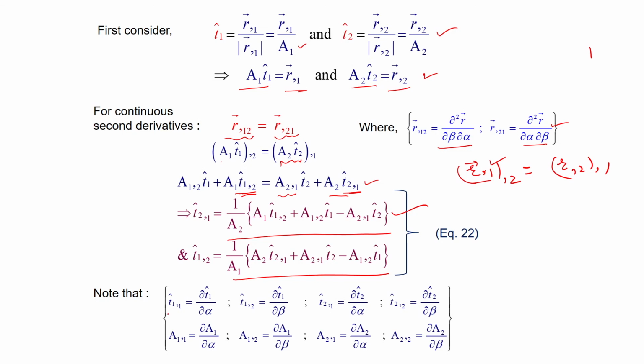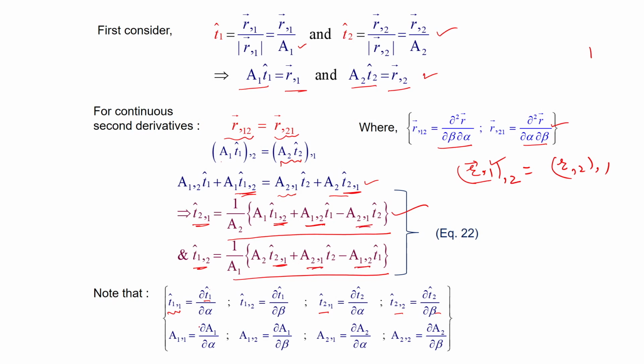We know that T comma 1 equals dT1 upon d alpha. Here we want to use comma 1 2 and 2 1, and 1 comma 2 as dT hat by d beta and so on. In the same way, the terms here are 1 comma 2 and 2 comma 1, 2 comma 2.